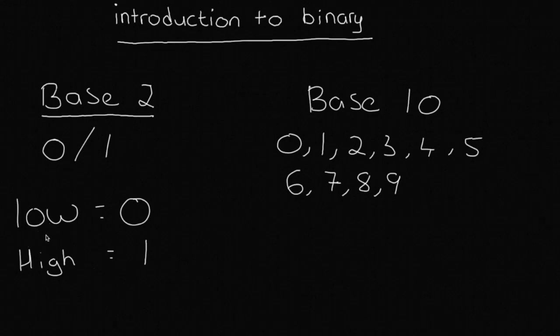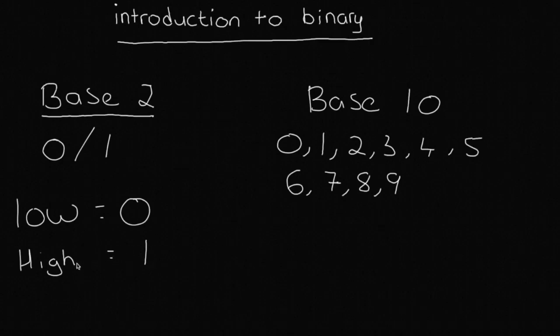So then we can create a voltage, and the voltage can be one of two possibilities. The voltage can be low or the voltage can be high. If the voltage is low, we represent this in the computer as a 0, and if it's high, we represent it as a 1. That's the issue.